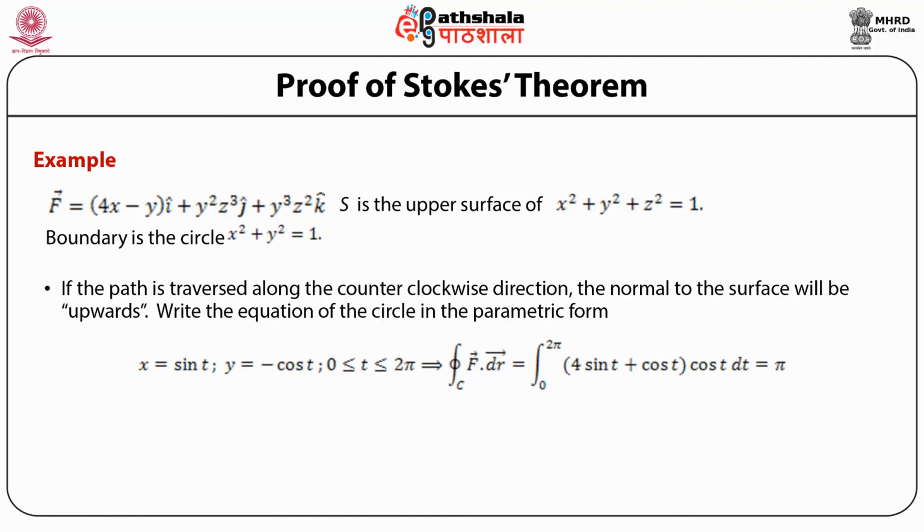So write the equation of the circle in parametric form as x equals sin t, y equals minus cos t, 0 ≤ t ≤ 2π. This implies that the line integral along the closed loop C of F · dr equals the integral from 0 to 2π of (4 sin t plus cos t) cos t dt, which equals π.